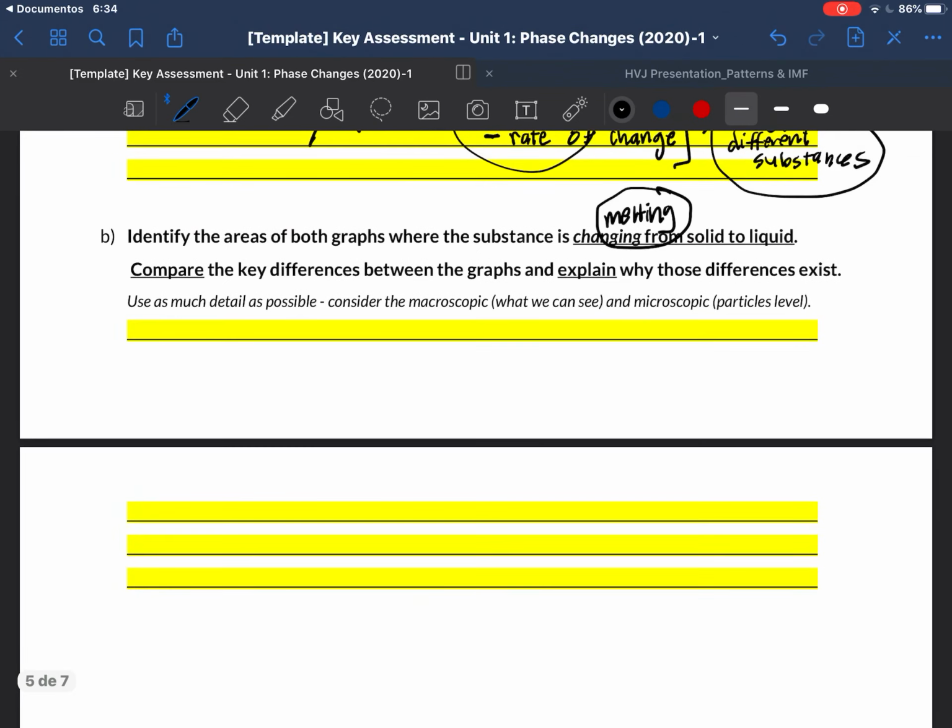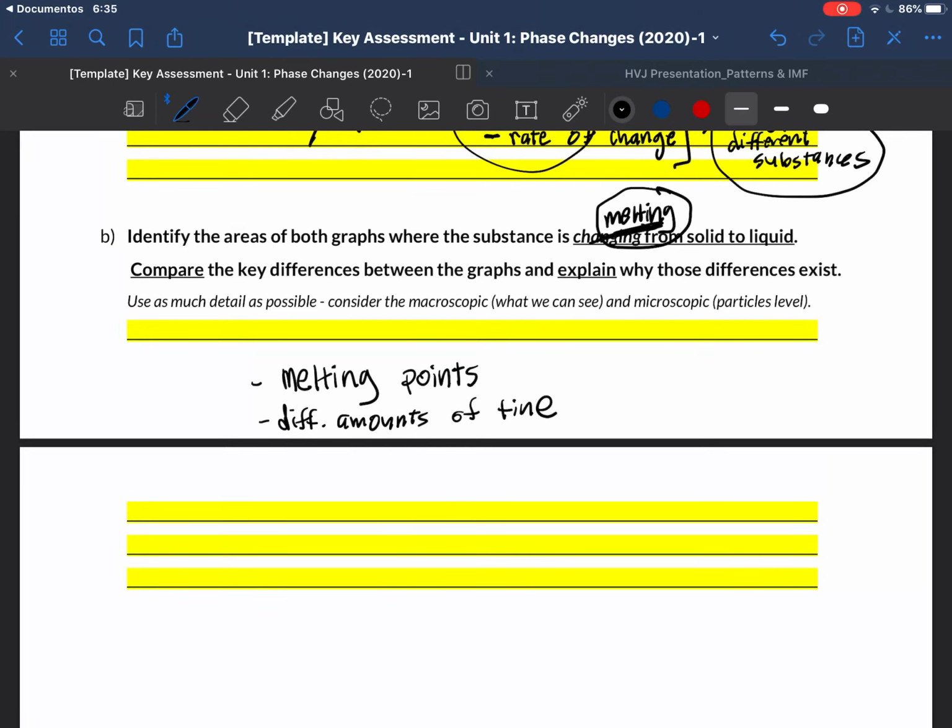Now, part B, this is where we were asking about melting. So in part B, we were looking for different melting points. You likely saw the melting points were really, really different. You may have also seen that the phase change took different amounts of time.